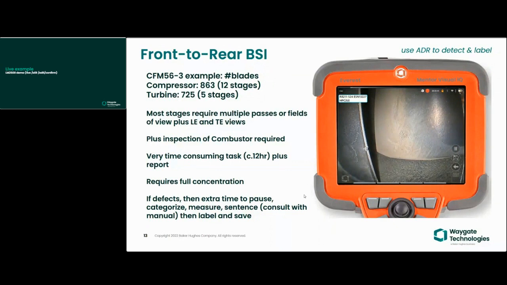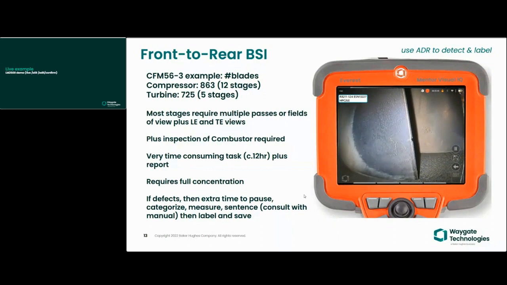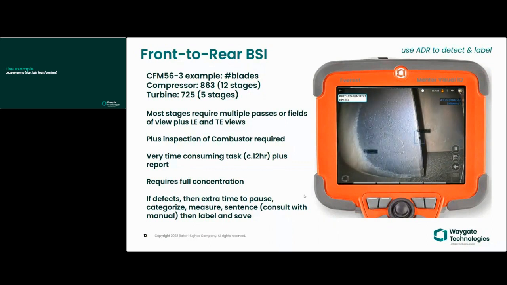By applying a defect classification, in this case a nick, it's very rapidly able to highlight and label that and save that image within a few seconds, as you see here. And by rotating it slightly, you can see another indication arose, and you have the ability to accept or reject those indications, and indeed manually add some if need be.